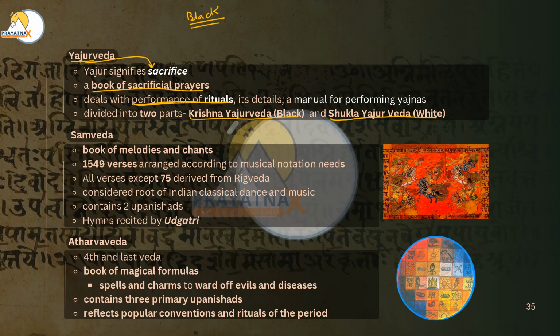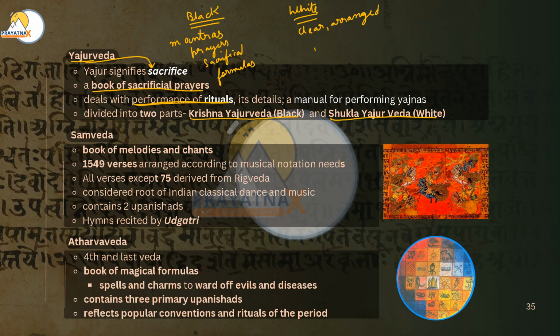It contains the mantras, the prayers, and sacrificial formulas. Whereas the Shukla Yajurveda is called white because it is clear, arranged, and accompanied by a commentary which describes the various aspects of the sacrificial rituals.